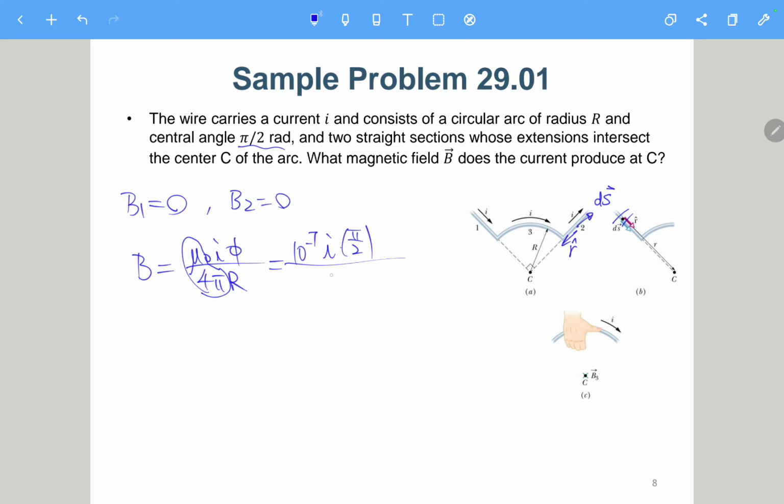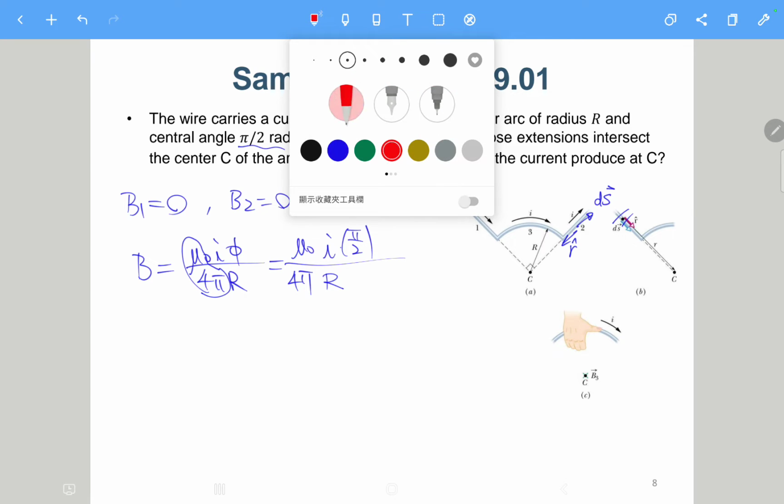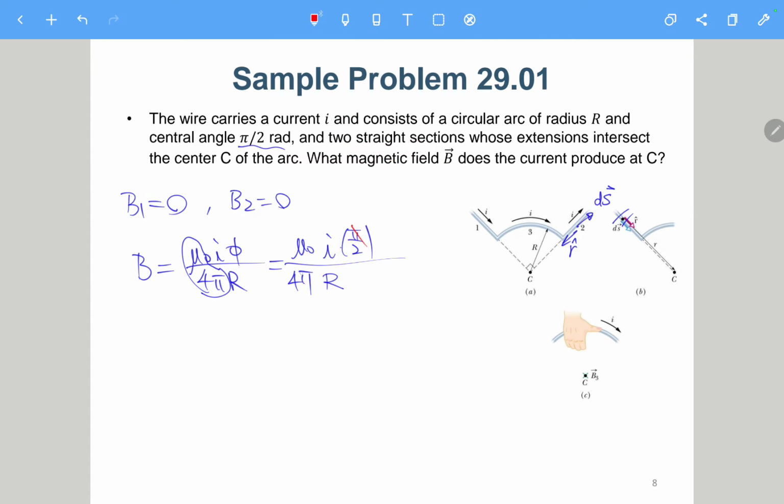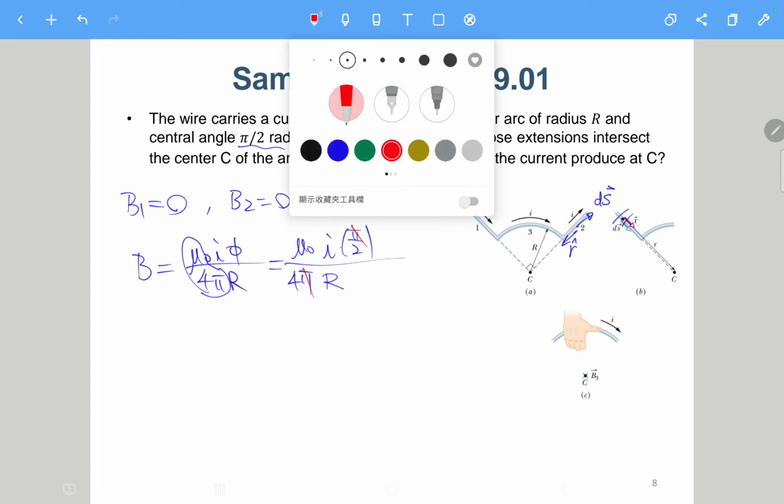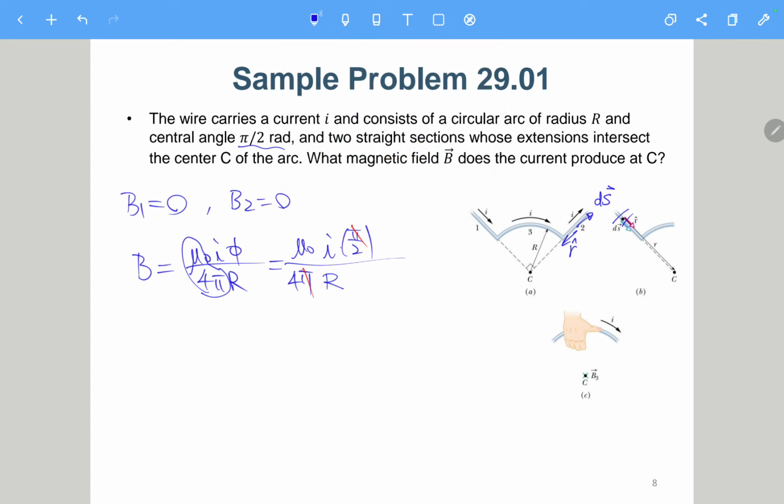Here we have r, so I still keep it as r, or maybe I just keep it as mu 0 over 4 pi instead of writing 10 to the negative 7, because the others are still variables. So here we can cancel pi and pi, which means the answer will be mu 0 I over 8r. So this is the answer to this question.